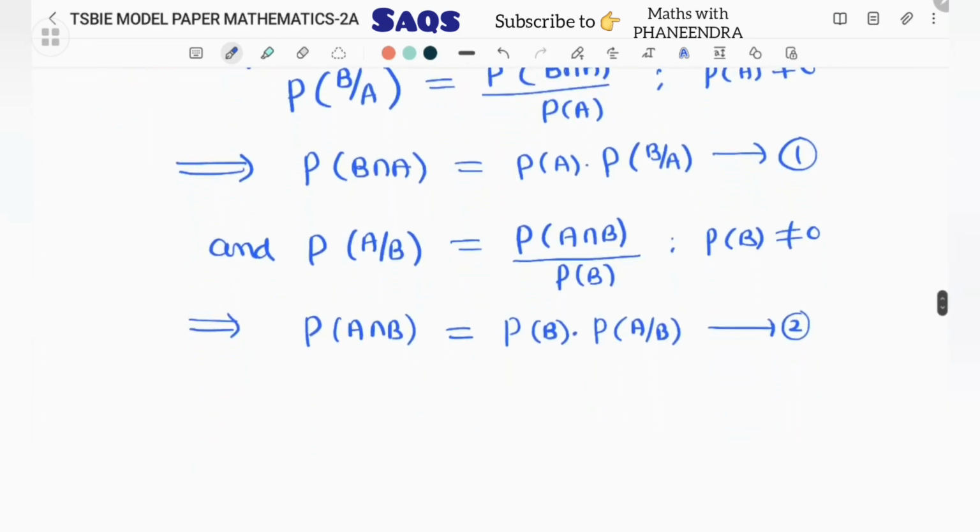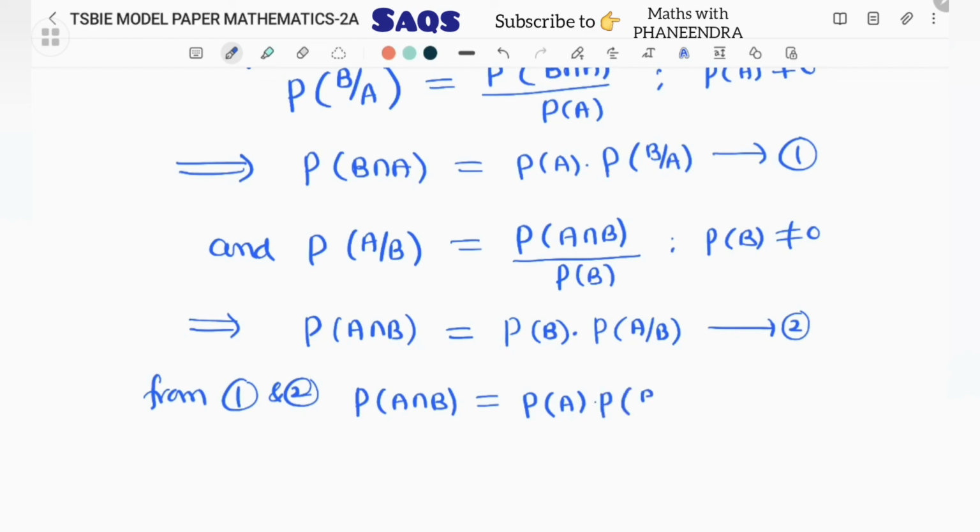So from 1 and 2, P of A intersection B is equal to P of A into P of B given A, that is also equal to P of B into P of A given B. So hence the theorem.